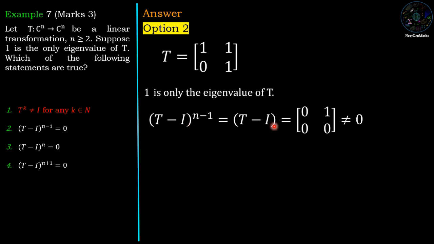So T minus I is equal to subtracting 1 from the diagonal entries. So 1 minus 1 is 0, 1 minus 1 is 0. So it is [0, 1; 0, 0], which is a non-zero matrix. So (T minus I) power n minus 1 is not equal to 0. And option number 2 says that (T minus I) power n minus 1 equal to 0. So second option is also wrong.